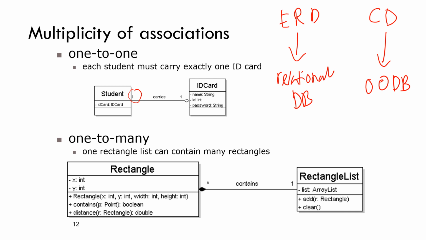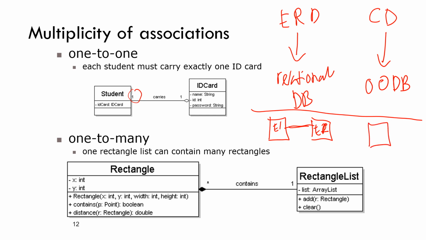In a relational database, the ER diagram, we have entity 1 connected with entity 2. So the difference is the naming. This is entity. But in the OO, we have object to object, and these two also must be connected. The connection here is named a relation, but this one is known as an association.